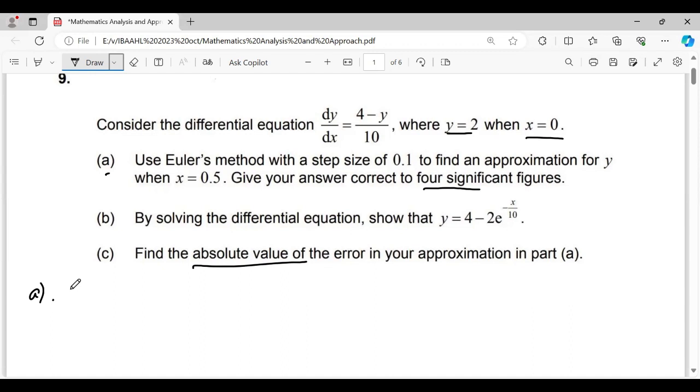So Euler's method formula is like this: yn equals yn minus 1 plus 0.1, where 0.1 is the step size, times 4 minus yn minus 1, over 10.